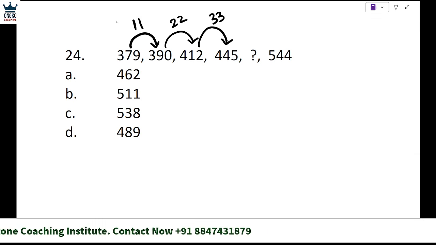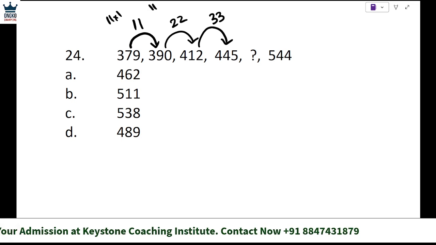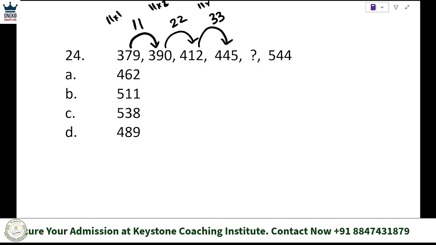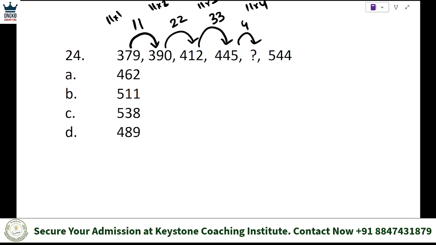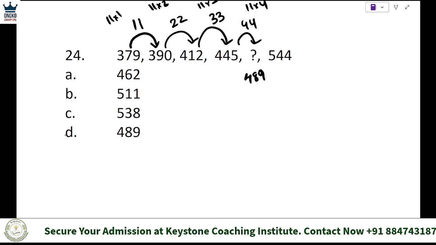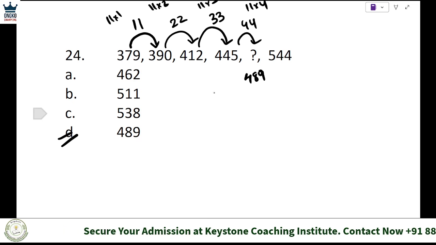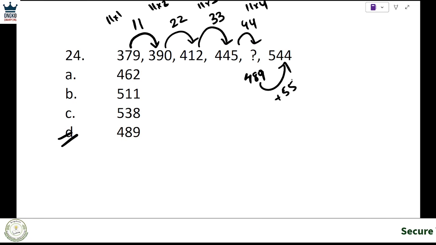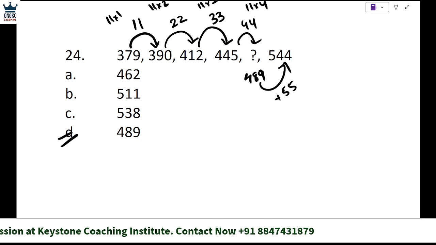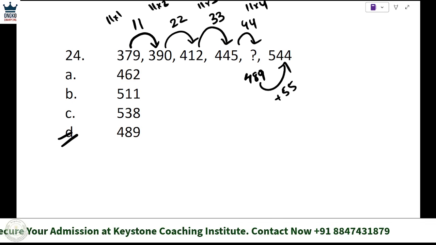That means 11 one time is 11, 11 two times is 22, 11 three times is 33. So next it will be 11 four times, which is 44. Adding 44 we get 489. If you want to cross check, the next will be 55, adding 55 we get 544. Yes. Hence the answer is 489.